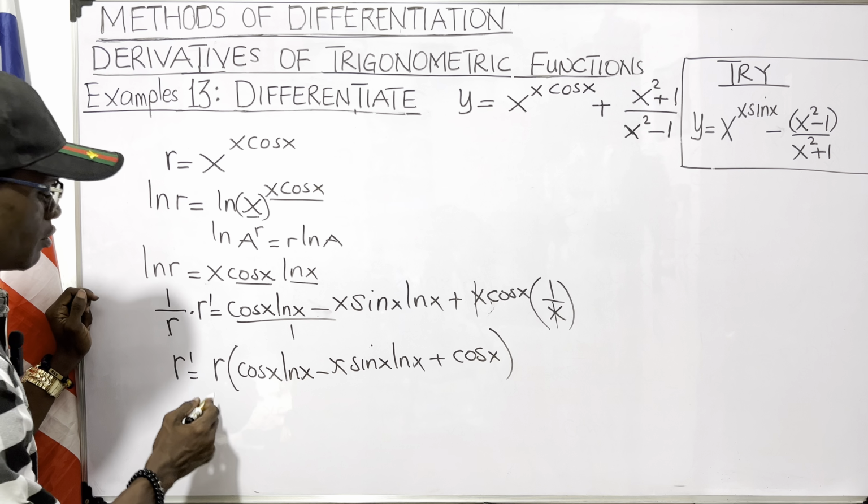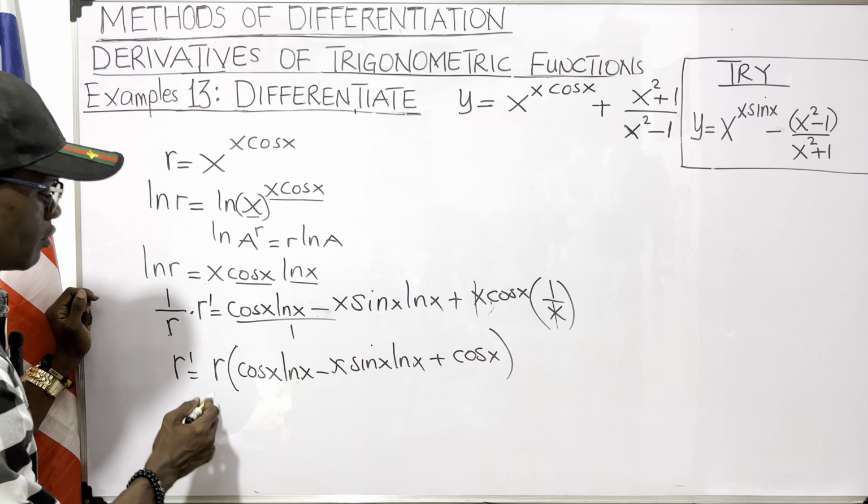Therefore p prime equals, we just factor out 2x. This 2x is in both terms, so we can factor it out. What is left there is just x squared minus 1, and what is left here is x squared plus 1. But remember, this negative affects x squared and 1. So this and this gives us negative, and this and this gives us negative as well.